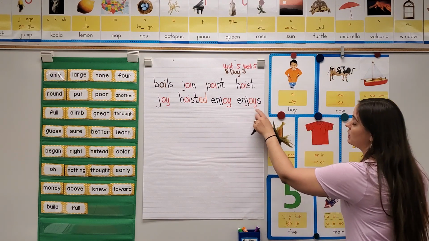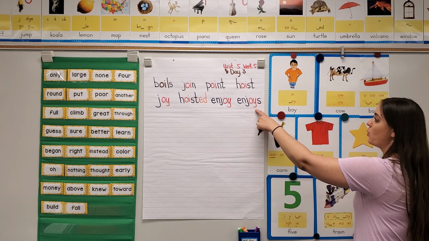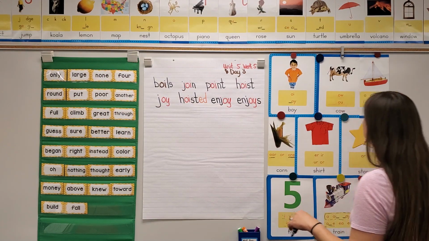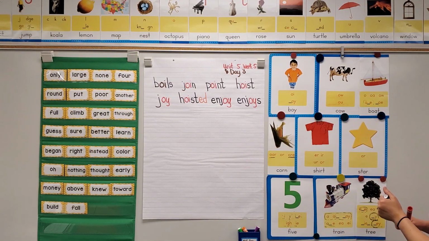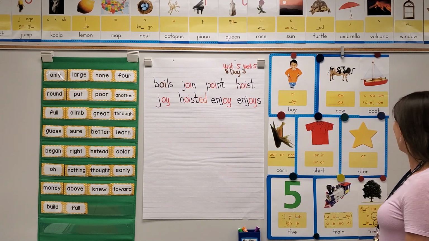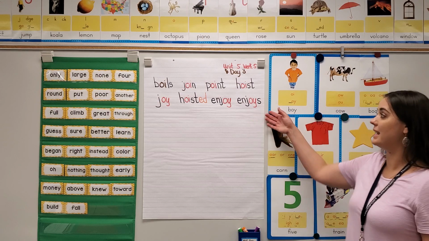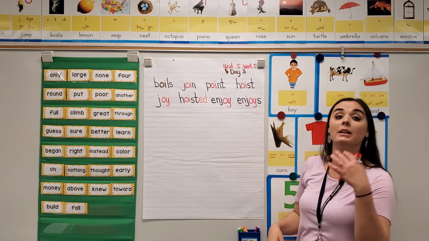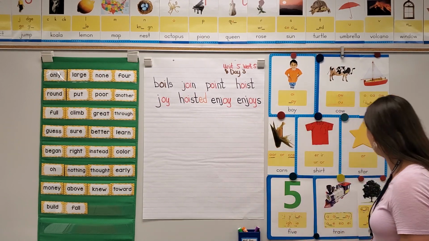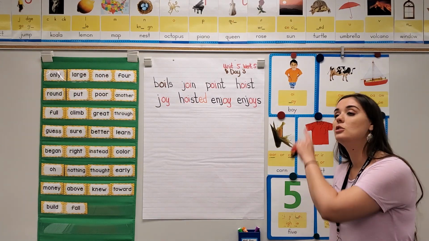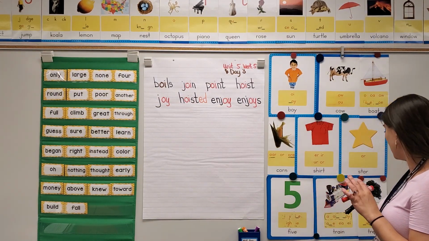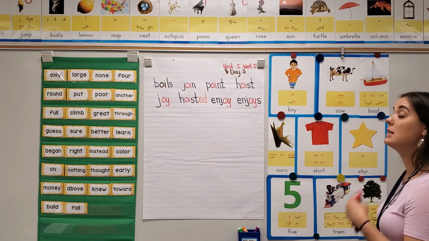So notice how when we make the word enjoys, that Y doesn't change. In some of the other ones where it was Y making the long E sound, when you would add a suffix like an S or an ED or an ING, you would change that Y to an I. Or with the long I sound, same thing.